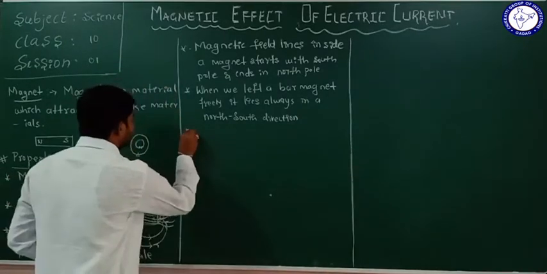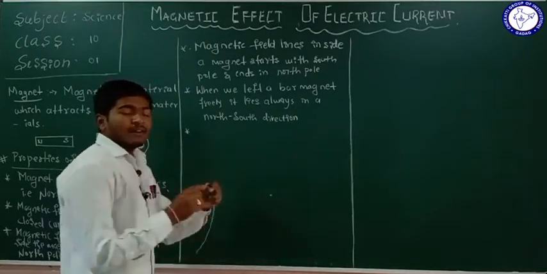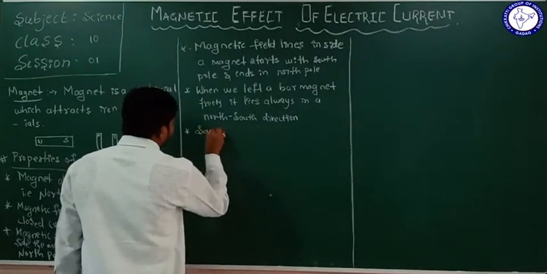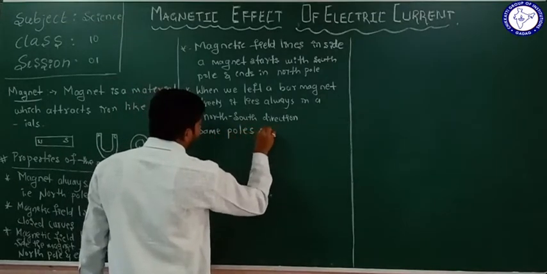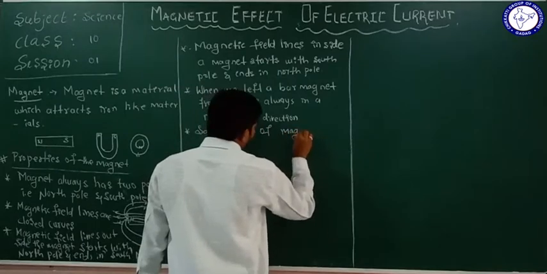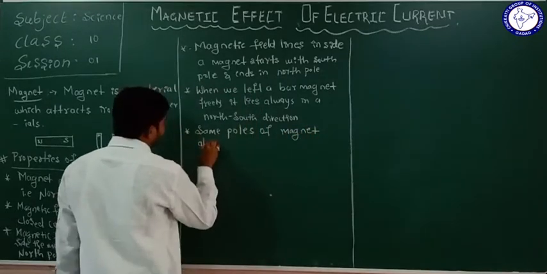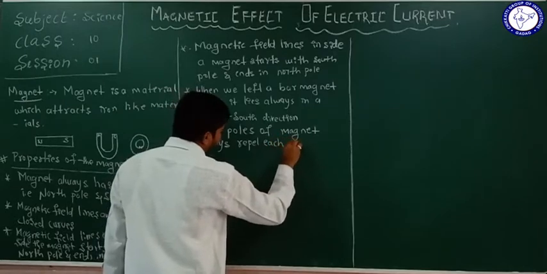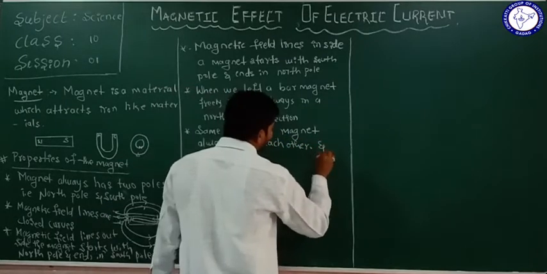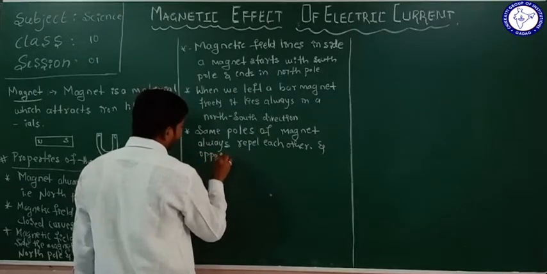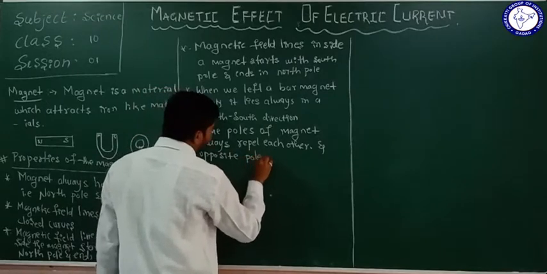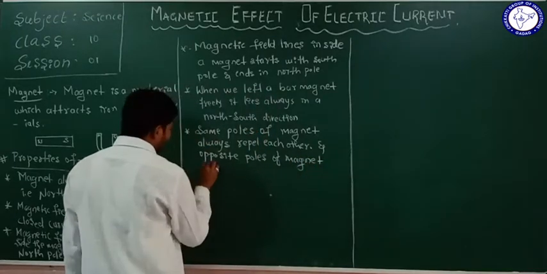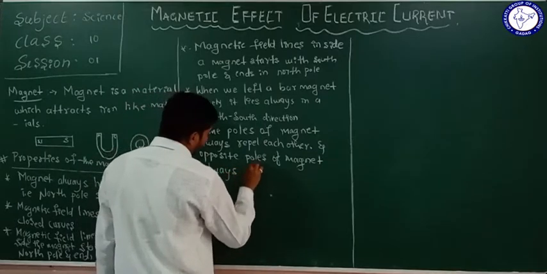Another property here: when you consider two magnets, the same poles of the magnets always repel each other, and opposite poles of magnets always attract each other.